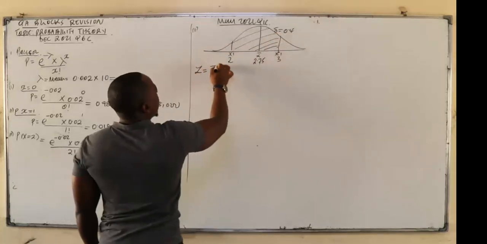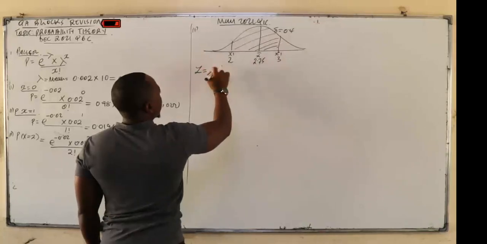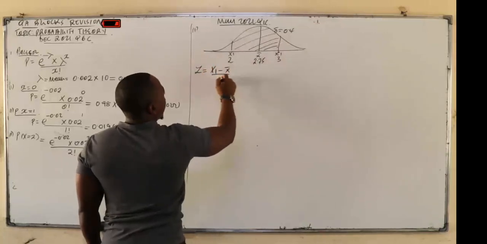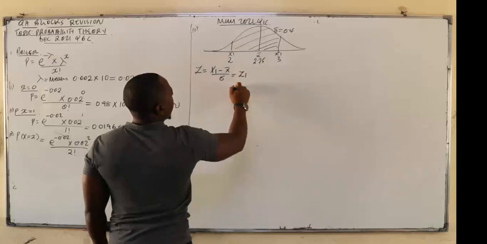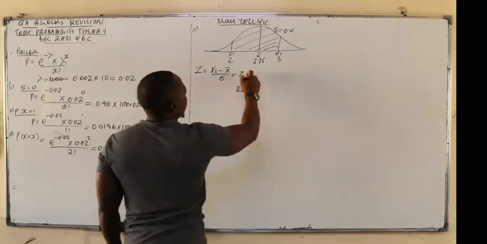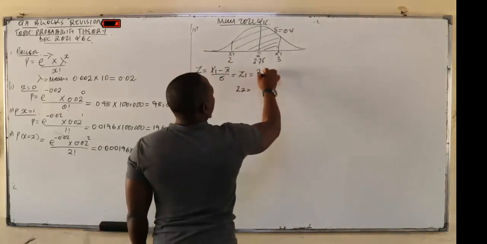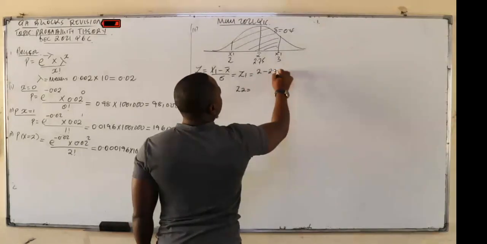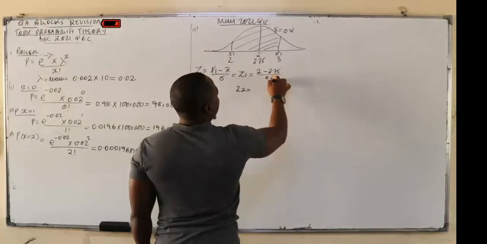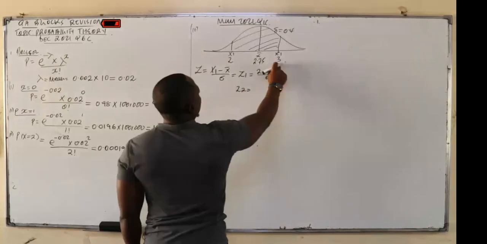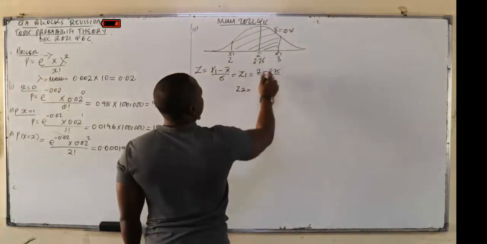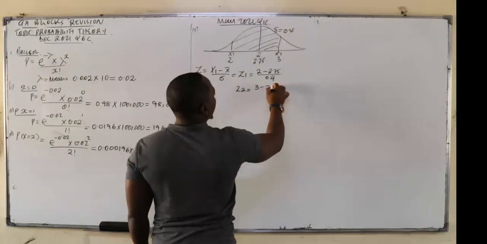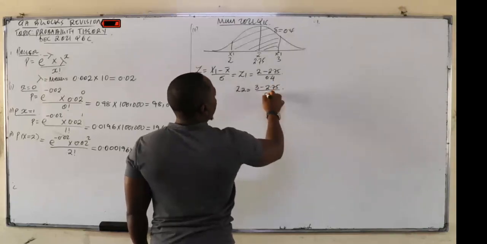Z is equal to x1 minus x bar over standard deviation. Z1, Z2. So this one will be 2, x bar is 2.75, standard deviation is 0.4. Z2, we use the other x, which is 3 minus 2.75 over 0.4.